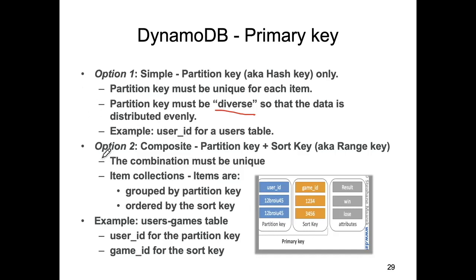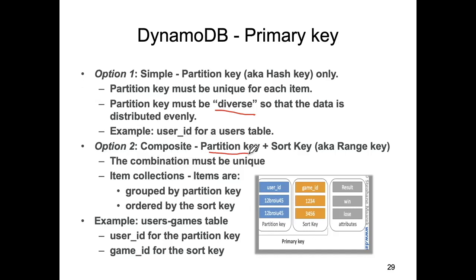Option two is where the primary key is a compound or composite key. And in that case, it's comprised of our partition key. So you always have to decide what is the partition key attribute of the items in a table.